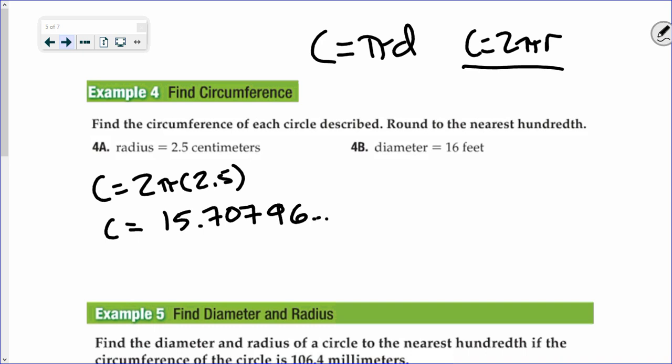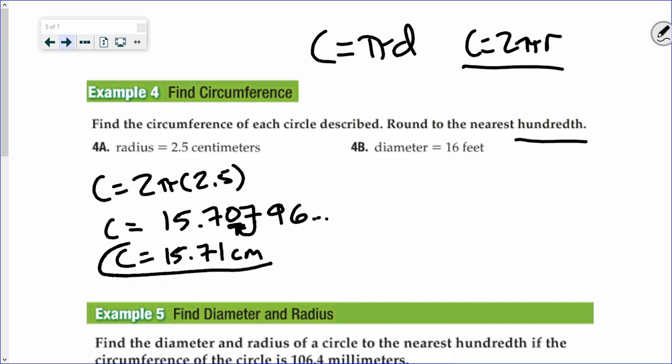Okay, and we want to round to the nearest hundredth, so that's 2 decimal places. So to do that, we're looking here. We're trying to round to 2 decimal places. So this 7 rounds the 0 up. So 15.71. Again, if we're given units, we need to use units. So 15.71 centimeters.